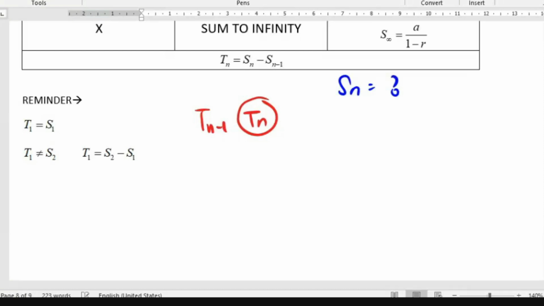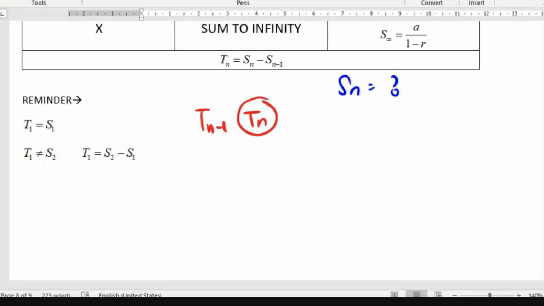Then find the Tn. So how do you find the Tn? You cannot use arithmetic or geometry because it said a sequence, a series of numbers, has a formula for Sn. Okay, so to get Tn, we use sum of n minus 1. How to get it? Because this is your n terms, right? Yang depan Tn.